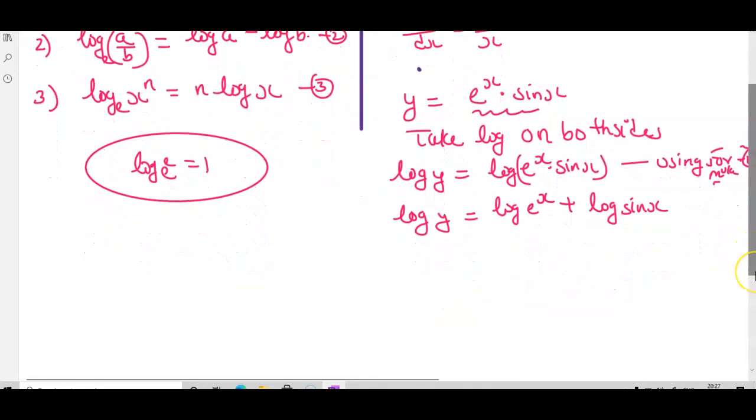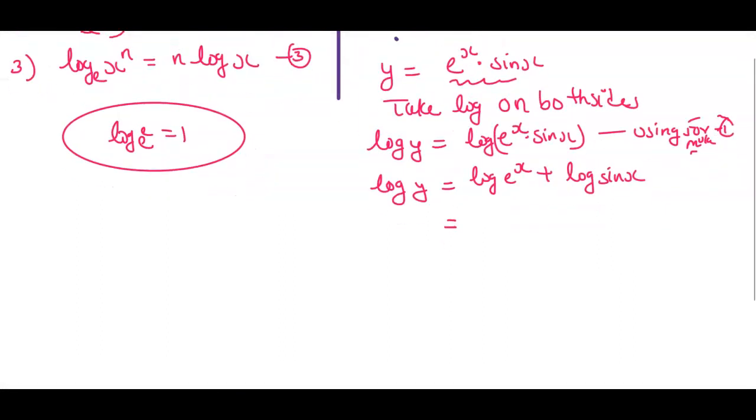Okay. Now let's again use some of the formulas. First we simplify them, then we will proceed further. This is going to be x log e, if I see this formula I am using, plus log sin x. So far I have not differentiated.